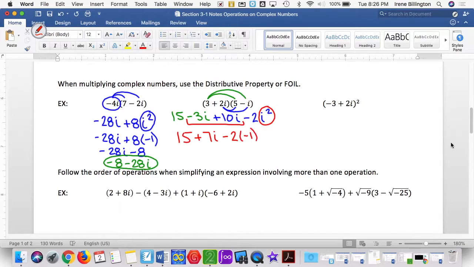And now we can perform this multiplication, and we have 15 plus 7i plus 2. For our final step, we need to combine our like terms again, our constants 15 and 2. And since we want to write our answer as a complex number, we need to write the real part first, 17, plus the imaginary part, 7i.